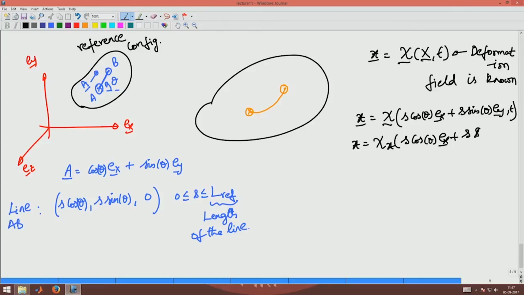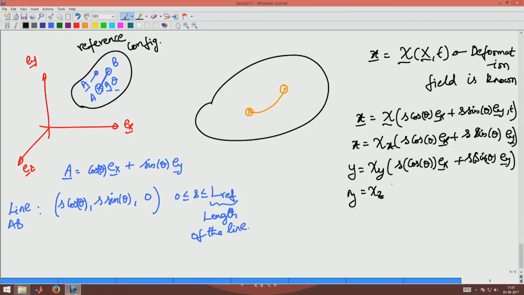I am dropping the t because that is not of importance now. y is psi of y, which is s cos theta Ex plus s sin theta Ey, and z is psi of z, s cos theta Ex plus s sin theta Ey.